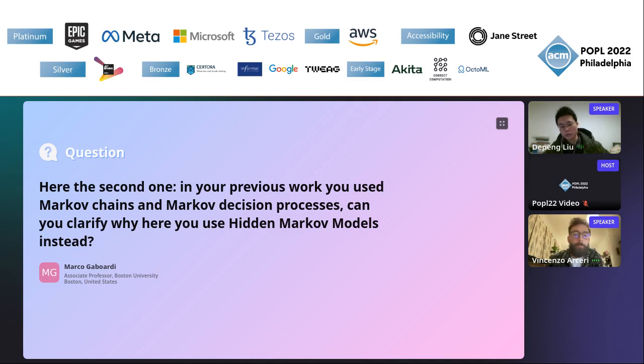Yes, thank you. Here is the reason that we use hidden Markov models. We can only observe the output in a mechanism, and we cannot observe the state in the mechanism. So this corresponds to the partial observability of the HMMs.